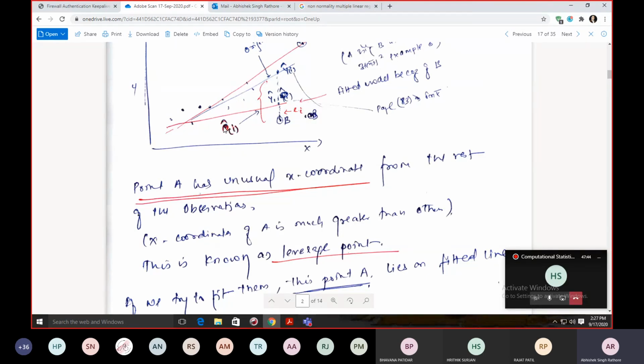Then I go to the influential point. So this B is again an influential point, or we can say that this is an outlier. So we have two different types of outliers. First is the leverage point: if you have an unusual x coordinate, it is a leverage point.